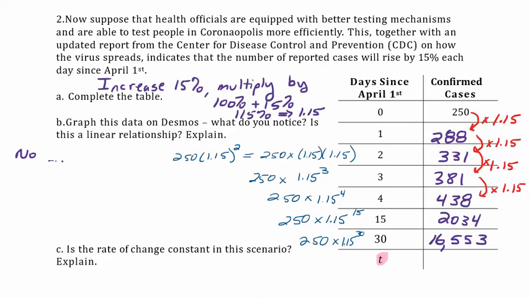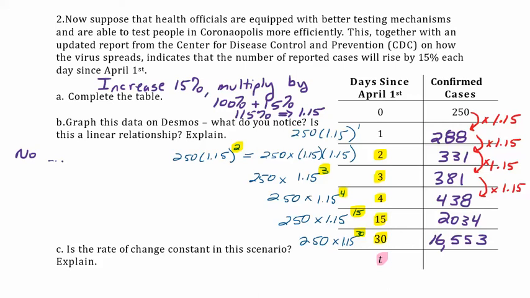All right, let's go take a look at this equation and see if we can write this out. Now, what you're looking for is this pattern: how does the days since April 1st come into play when you're calculating the cases confirmed. So hopefully you can see those days are the exponent, because that's how many times you're going to have to multiply by 1.15. And it's also true for the 1, right? We did 250 times 1.15, which is really 1.15 to the first.